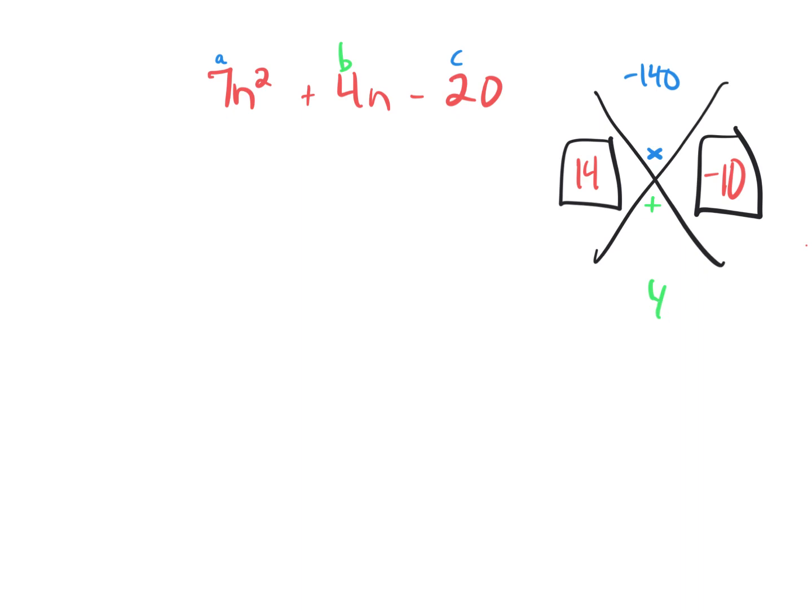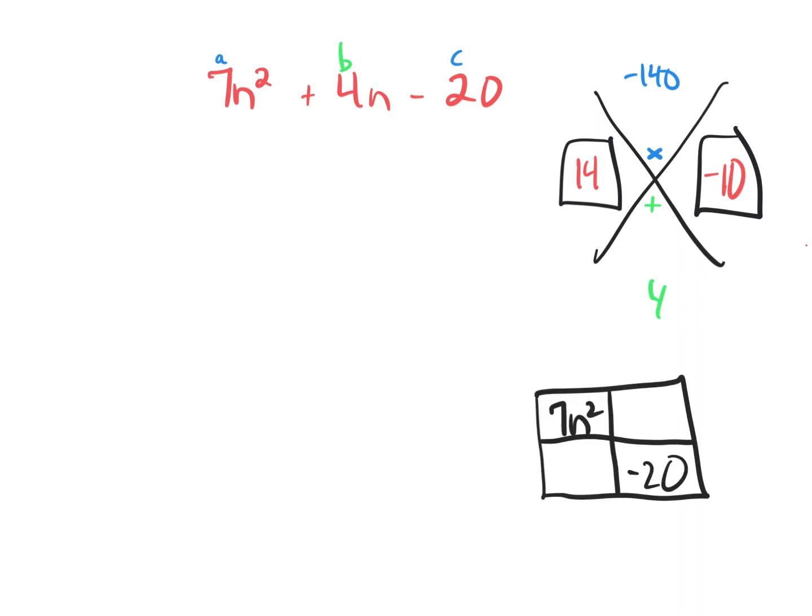Again, this depends on how your teacher taught it last year. Some teachers will use a box and they'll put this first term here and the last term down there. Then on the outside, these will get multiplied to give us what's in the box. So n times 7n is 7n squared.